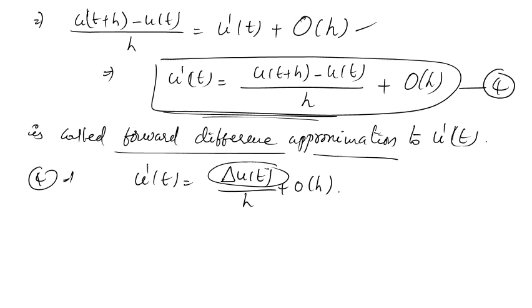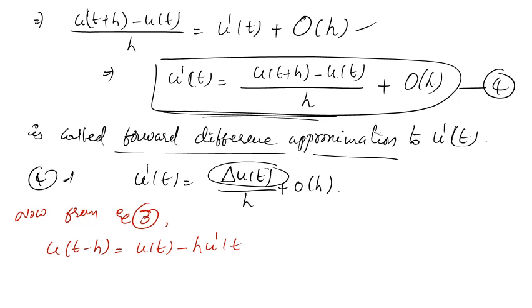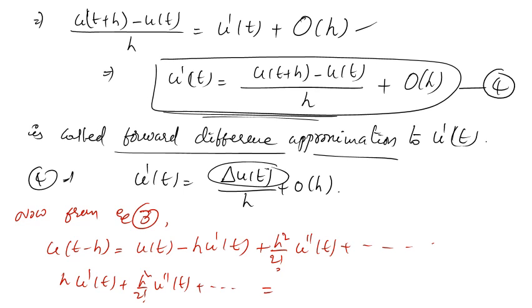And now from equation 3, what I'm having, u of t minus h equal to u of t minus h into u dash t plus h square by factorial 2 into u double dash t, and so on. Now let me take all these terms: h into u dash t minus h square by factorial 2 u double dash t and so on is equal to u of t minus u of t minus h.